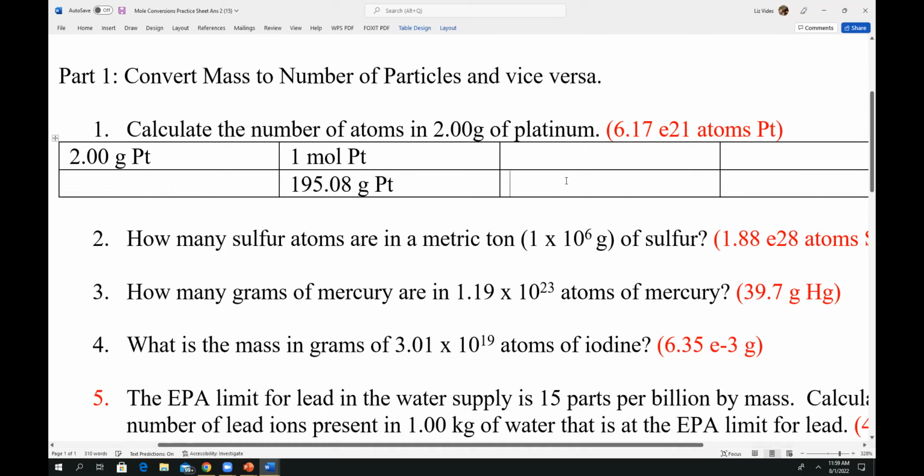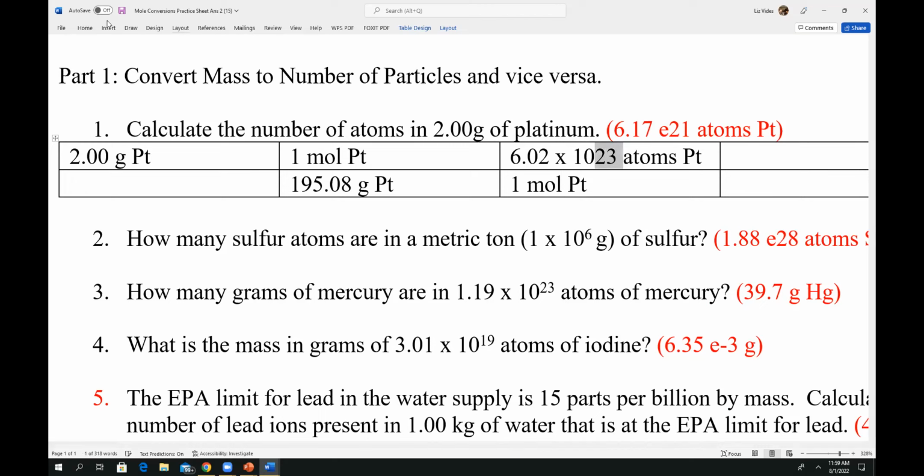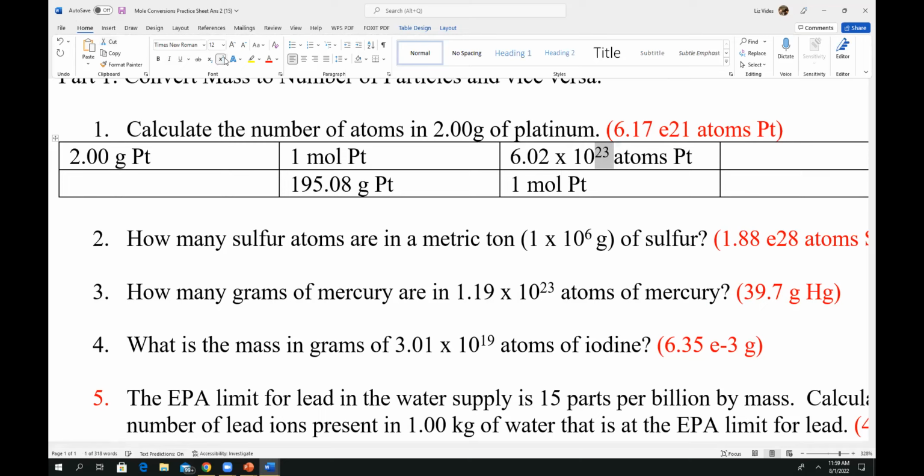So this is where the conversion happens. 1 mole of platinum contains 6.02 times 10 to the 23rd atoms of platinum. Now all we do is multiply, right?